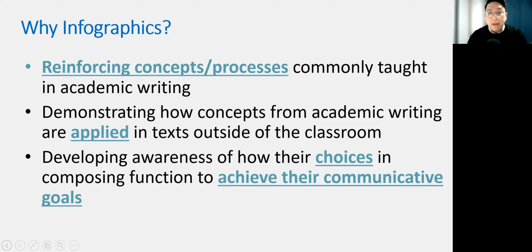So the reason why infographics were used, and I would argue quite effectively, is to reinforce concepts and processes that are commonly taught in academic writing, to demonstrate how those concepts would be applied to texts beyond the classroom, and also to have them develop an awareness of how their choices in composing function to achieve their communicative goals.